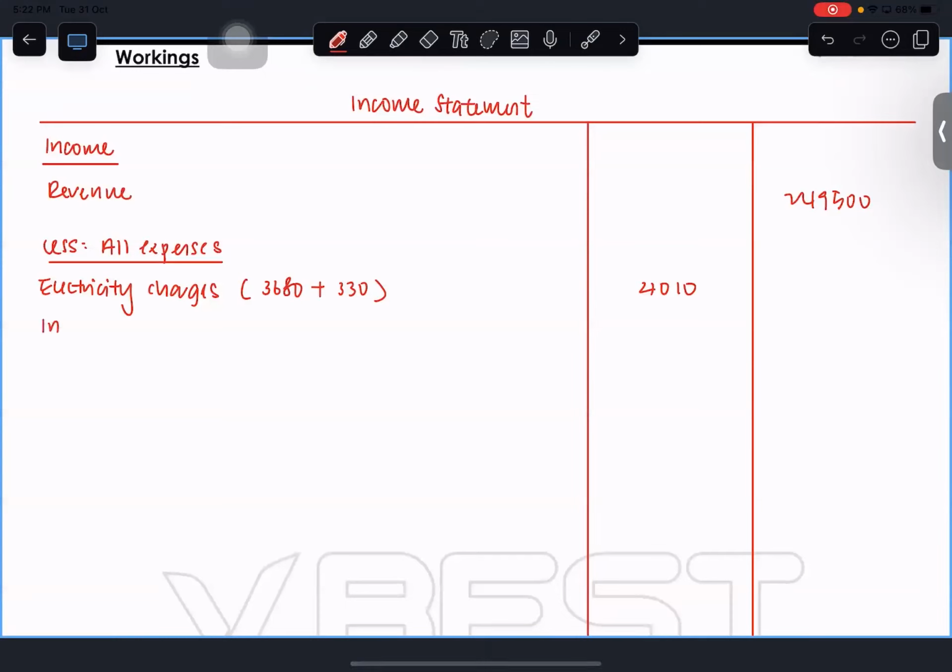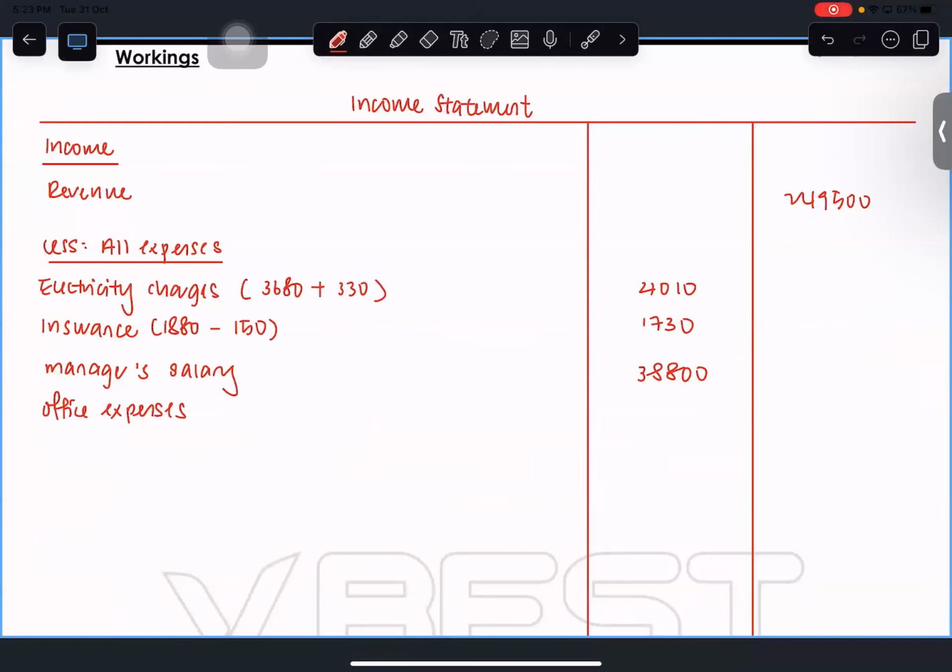And then you have insurance, manager salary, and office expenses.